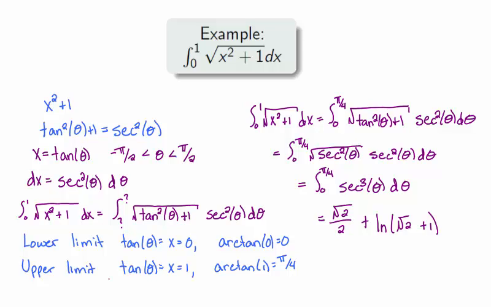We omitted the details for solving the integral from 0 to pi over 4 of secant cubed of theta d theta, but recall from the previous section that this is done by using integration by parts.